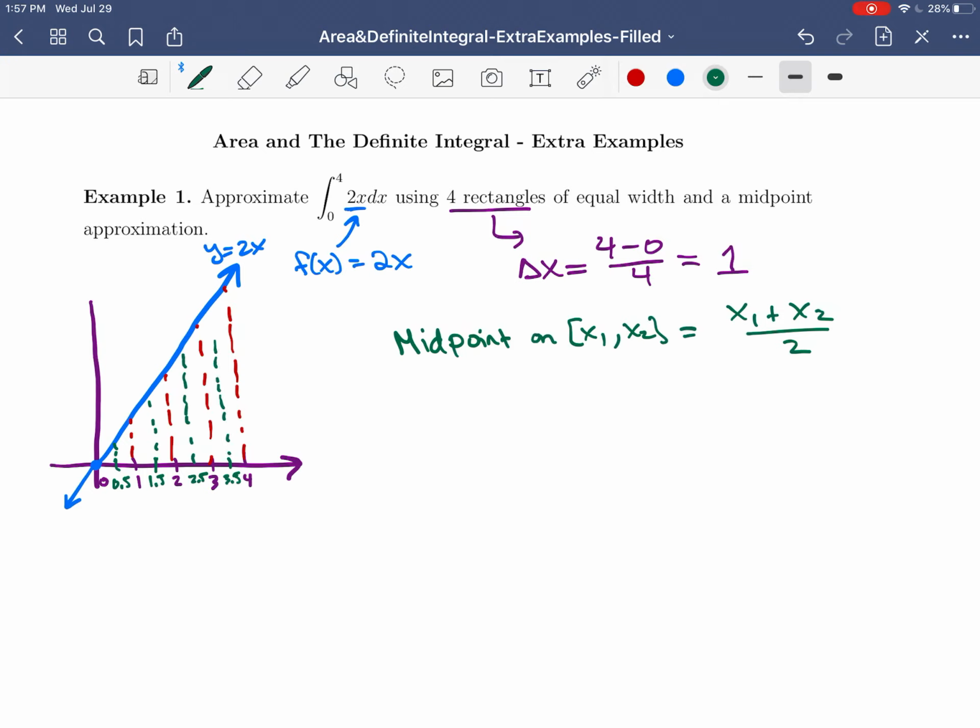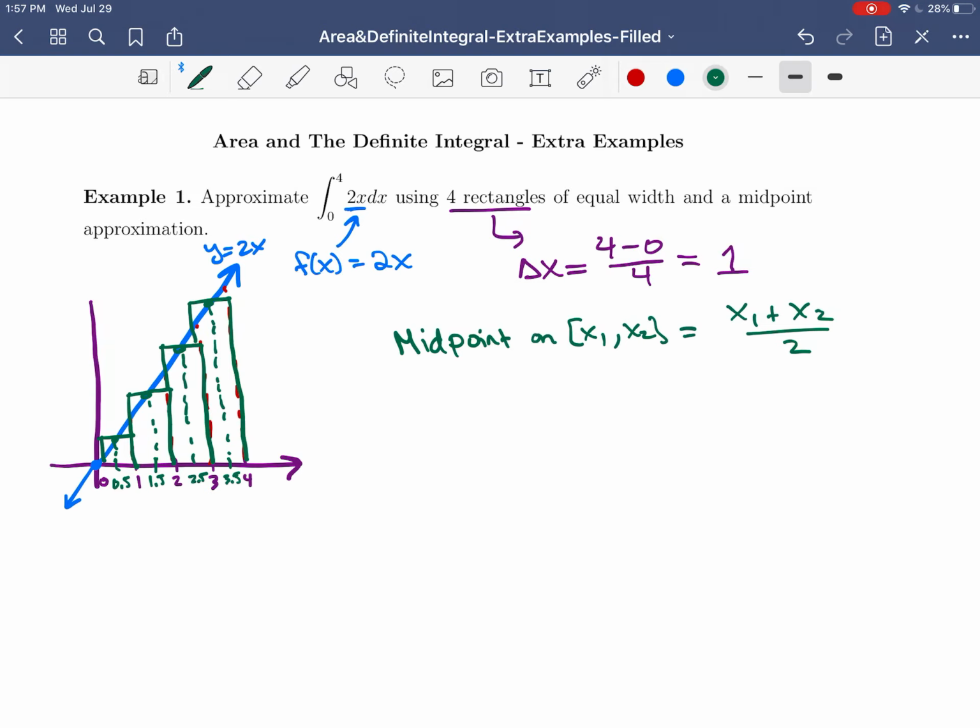Now we're going to use those y values to find the height of our rectangles. That's going to be the height of each of our rectangles. So our rectangles are going to look something like this.